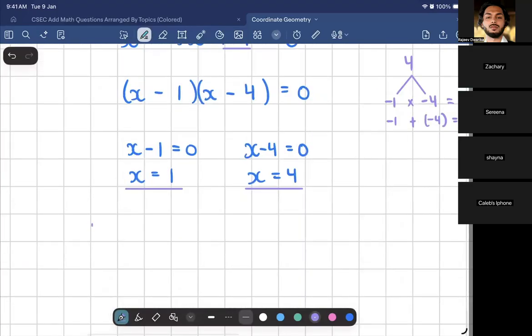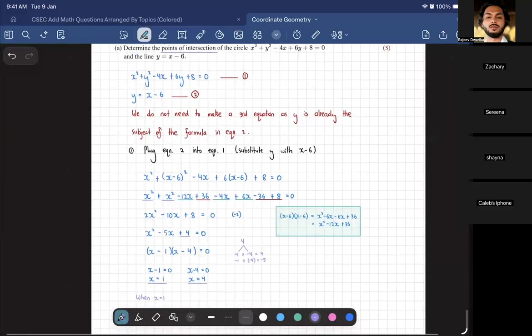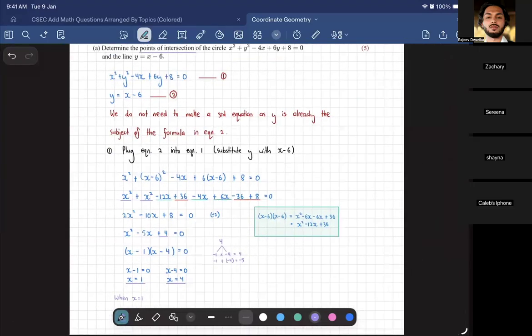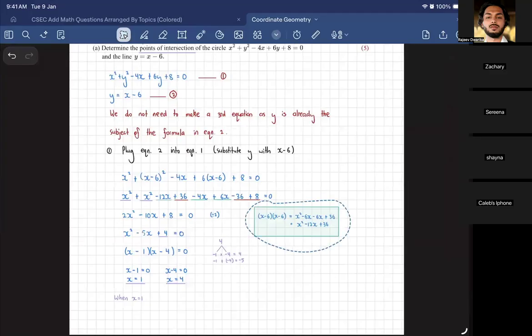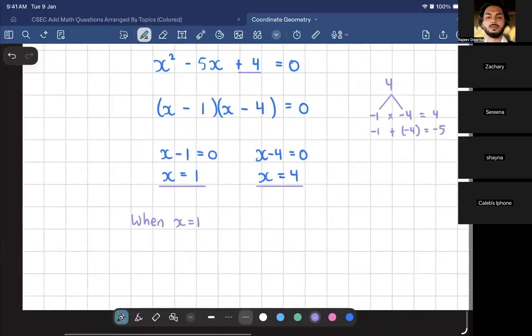So I'm now going to say when x is equal to 1, y would be equal to what? What am I going to use to find y? Do I have any equations that tell us what y is in terms of x? Yes, sir. y is equal to x minus 6. So you just substitute that.